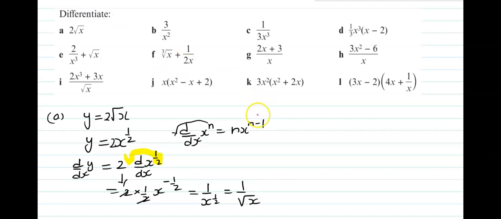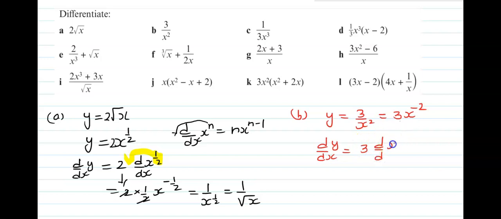Now, suppose the question is part B, where there is no y, so you can assume y equal to 3 over x squared. Using algebra, you can write 3x to the power minus 2. Now it will be easy to differentiate. The differentiation of y with respect to x: the 3 is out, then the differentiation of x to the power minus 2 with respect to x.